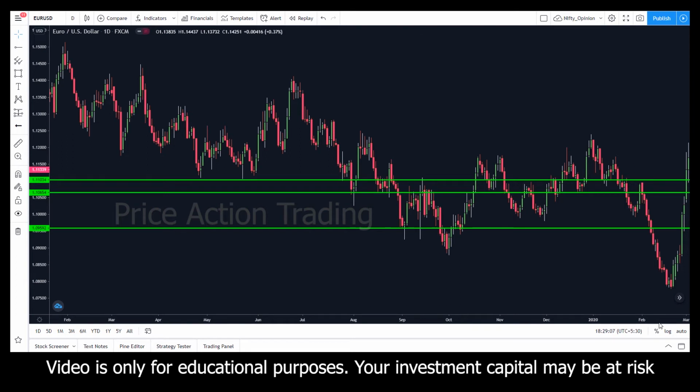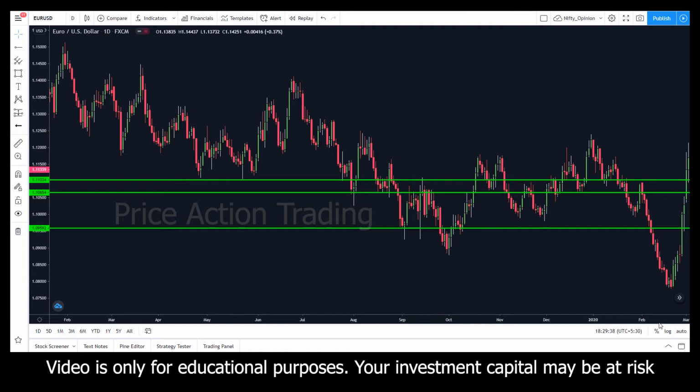Now coming to the third tip, which is very important: see the levels where the price is rejecting more, or where the price has rejected in a huge number. If you see a level where the price is showing a shooting star candle, big wicks, a pin bar, or an inside bar, those levels are very strong.